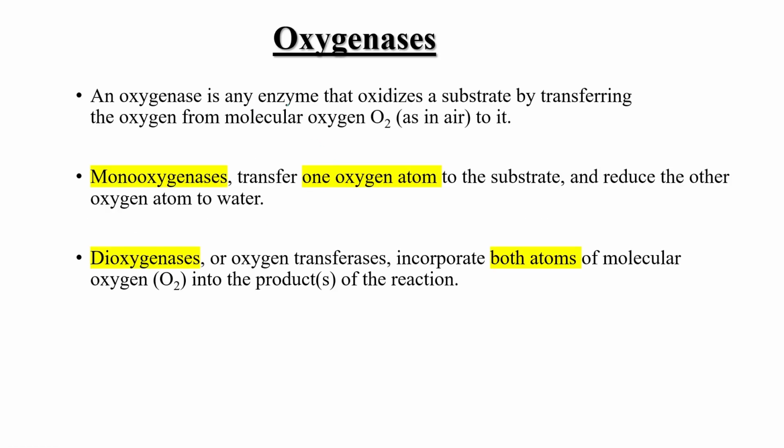An oxygenase is any enzyme that oxidizes a substrate by transferring oxygen from molecular oxygen to it. Two types: monooxygenases, which transfer one oxygen atom to the substrate and reduce the other oxygen atom to water, and dioxygenases, which incorporate both atoms of molecular oxygen into the product of the reaction, or we can say oxygen transferases.